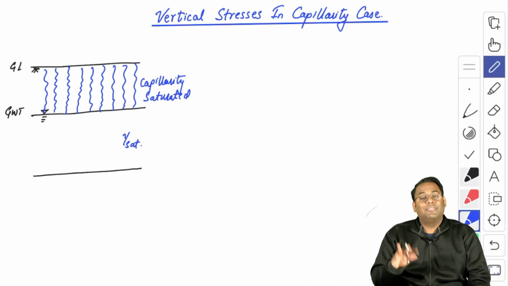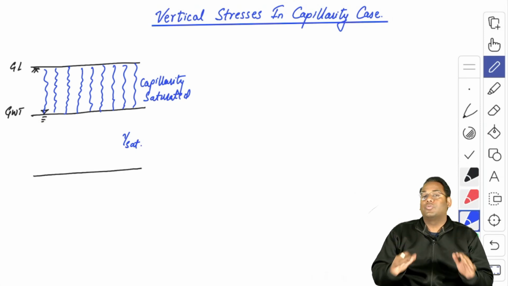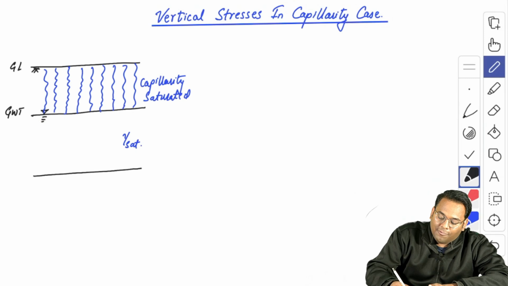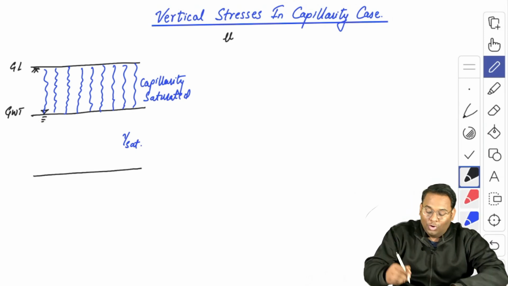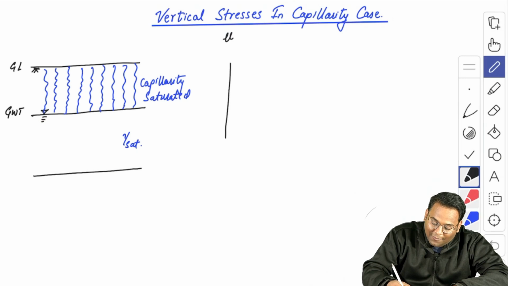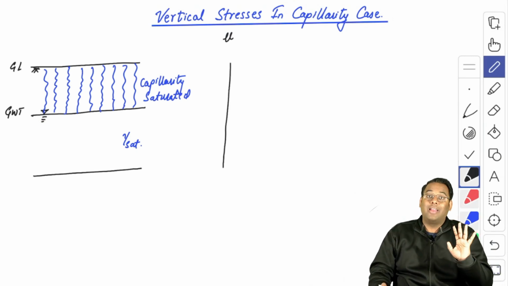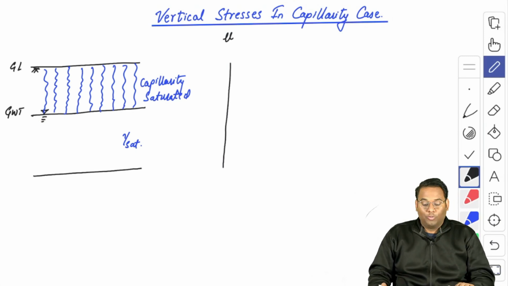Now, as we have already studied the variation of water pressure due to capillarity, you already know the variation of pore water pressure in the capillary zone. You know that the water pressure in the capillarity zone is negative, and it is maximum negative at the top of the capillarity zone.